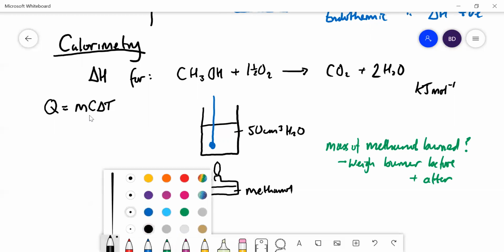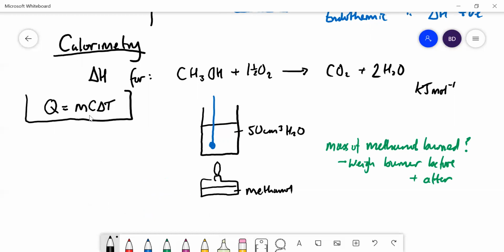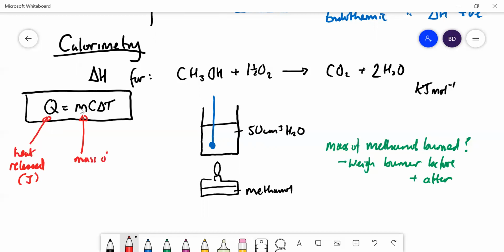Okay, so let's see what these things stand for. Q is the quantity of heat released, and that's going to be measured in joules. M is the mass of the water that we have in the can, and don't forget that 1 centimeter cubed of water weighs exactly 1 gram.